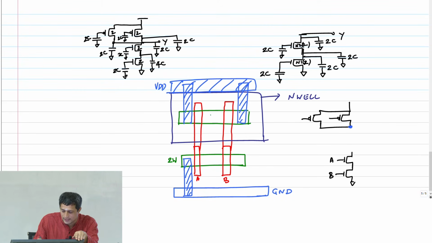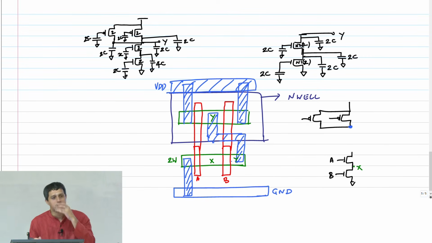This thing is actually my output Y and this is my output Y, right. If this is node X, then this is my node X, right. So then I have to do something else. I have to basically now draw metals and short my output like this, okay. This is how you have to do the layout for your assignment also on similar lines, clear. So now we will look at the capacitance terms that are coming, right.